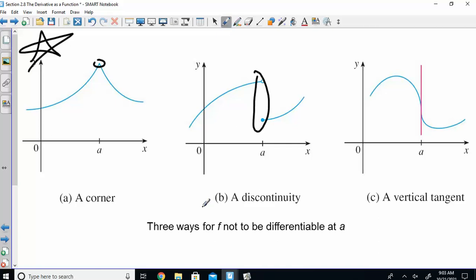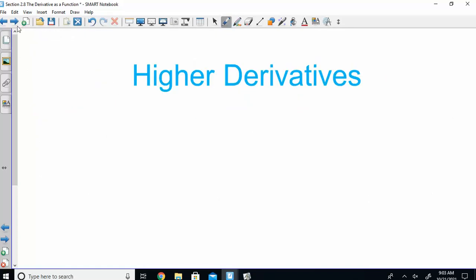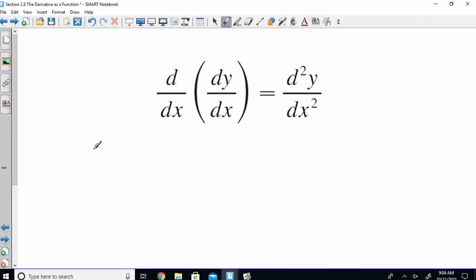Let's go ahead. We're going to talk about higher derivatives next. So we have been finding the first derivative, but we could do the second derivative, the third derivative, and as long as we want, we can repeat this process multiple times.